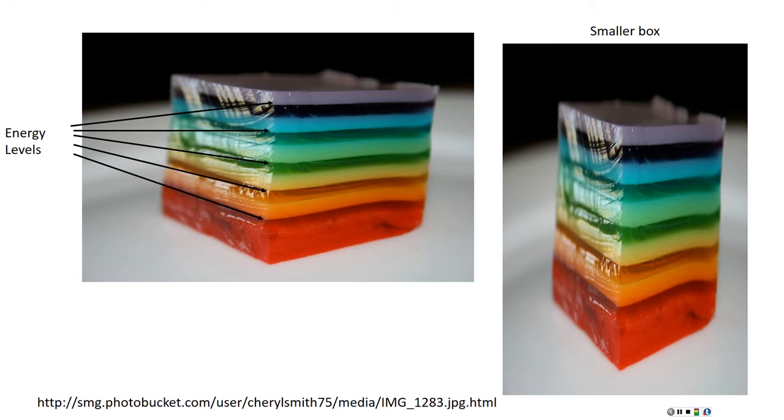Well, the layers get thicker. We can see that here on the left. If I look at this green layer, including the white part of the green layer, that's the bracket I have. If I look over on the right, that's the same bracket, but the thickness of that layer on the right is actually quite a bit bigger. So when the box gets smaller, the energy level spacing increases.